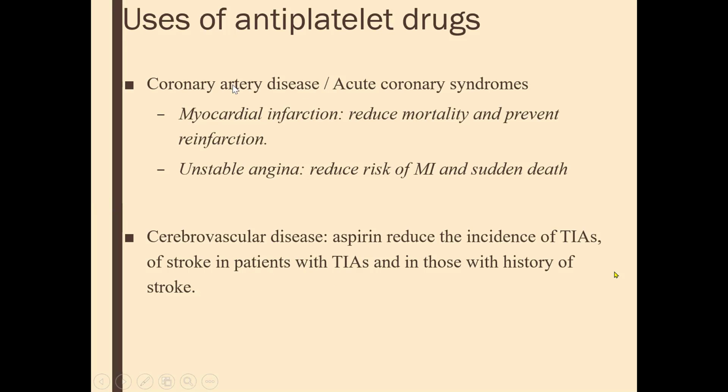In coronary artery disease, for patients who have already had one infarction, use of these drugs will prevent repetition of the infarction and even reduce the mortality rate. In acute coronary syndromes like unstable angina, use of these drugs will reduce the risk of MI and sudden death in the future.